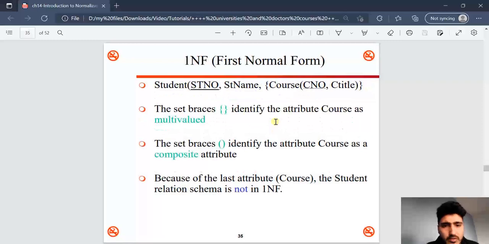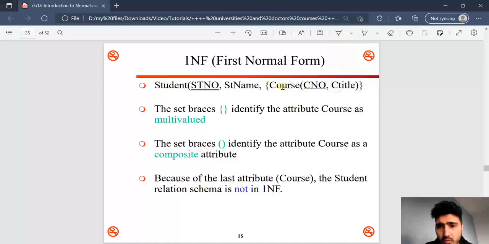Let's take an example here. If we have the student relation schema with the following attributes. The first attribute is student number, the second is student name, and the third attribute is a composite attribute named course that consists of course number and the course title.